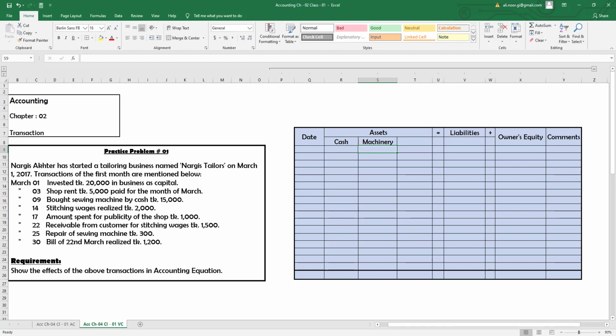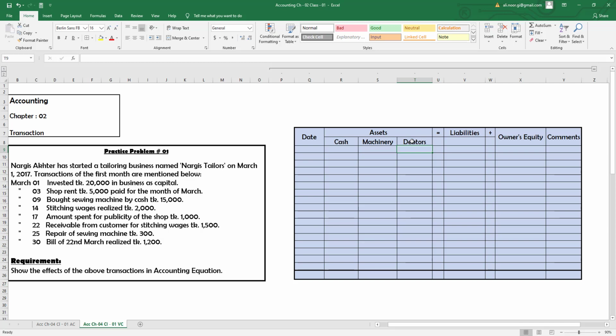Then March 14, stitching wages. This is a revenue account. We will see it later. Let's find asset or liabilities accounts. Amount spent for publicity. This is an expense account. Revenue from customer for March 22, here is another asset. This is receivable. Sorry, I didn't notice it the first time. So the March 22 receivable, we know receivable means accounts receivable, or we can write debtors. And March 25, repair of sewing machine Taka 300.